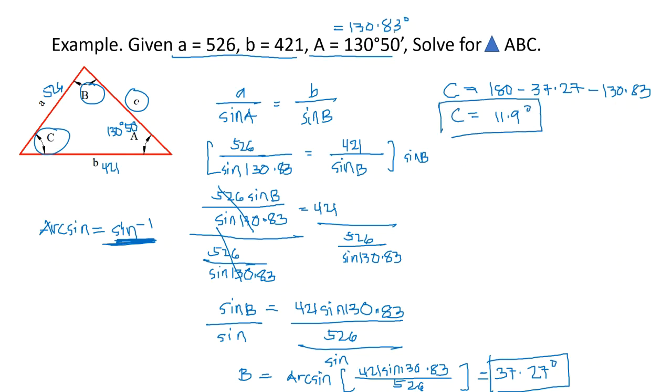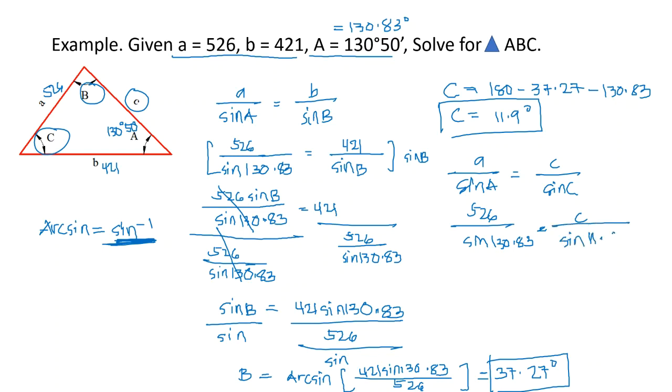So we already have the value for angle C, so we can solve for side C. We have A over sine A is equivalent to C over sine C. So A is equivalent to 526, our angle A is 130.83, and that is equivalent to C, which is unknown, over sine 11.9. So multiply both sides by sine 11.9.